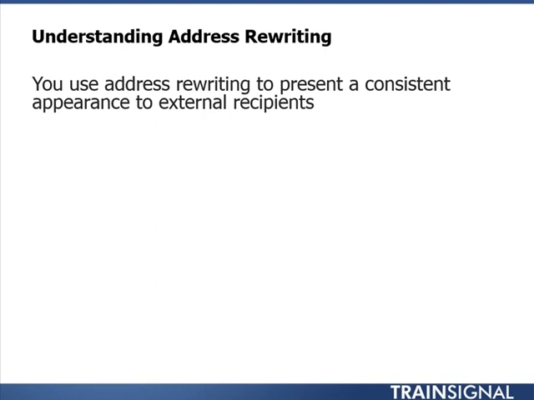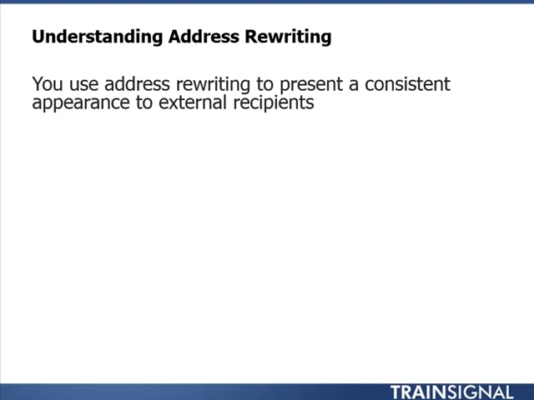Now, what's interesting is we just discussed the .local point of view where you might have a .local on the inside, the Active Directory side, but you want email to go out as .com or .net or whatever you've registered for your domain name. So you can actually use email address policies to handle that.